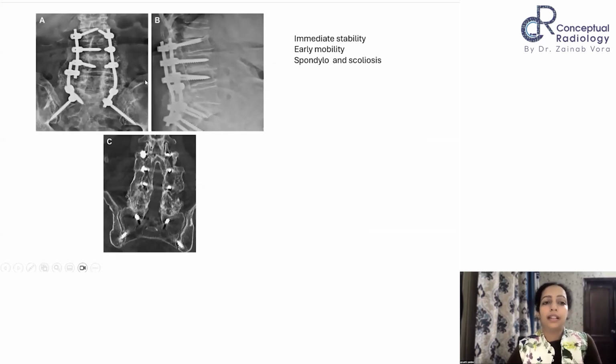Coming to the next one, again in a very similar pattern, as you see the rods and the associated screws, this is like a lumbosacral fixation, and this stability construct has been done to correct the scoliosis. When you see this, there is associated osseous formation close to the posterolateral aspects of the vertebral body.